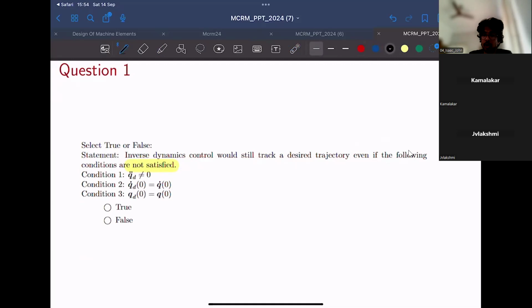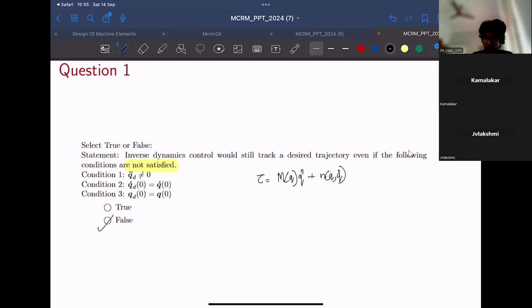Okay, so we got an answer. It says it to be false because the general dynamic equation of motion is tau is nothing but M of q multiplied by q double dot plus N of q dot.